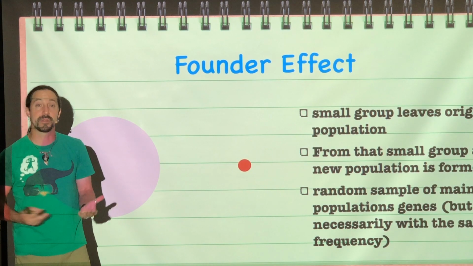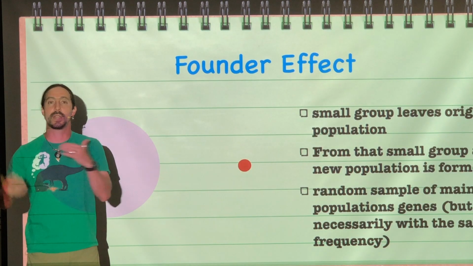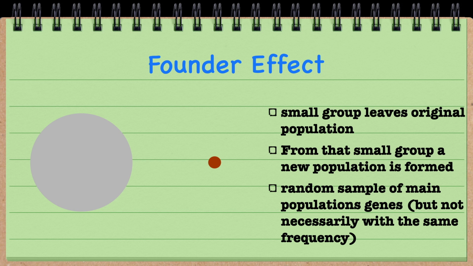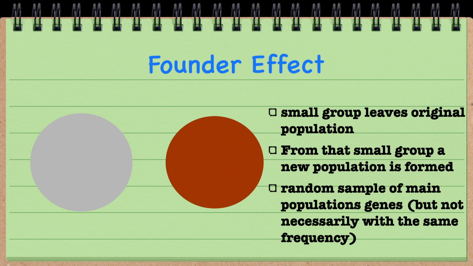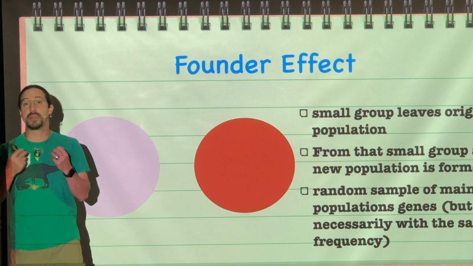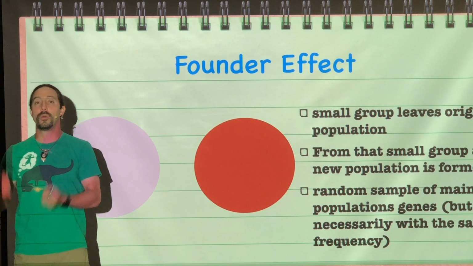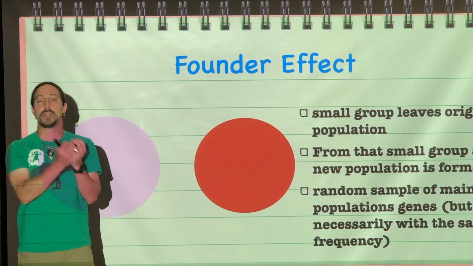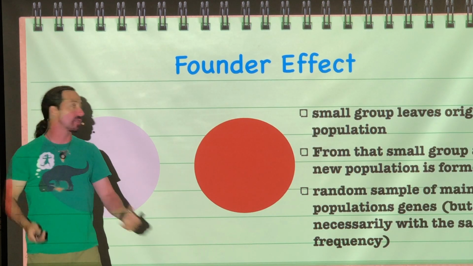And since it's a small subset, it's much easier for that population to have a slightly different allelic frequency, which means when they reproduce and as that population increases, this new population is going to have a different allelic frequency than the original population from which they came. But this population's change in allelic frequency is not due to some natural selective event. It only happened because a group of those organisms were able to leave and they were able to survive.